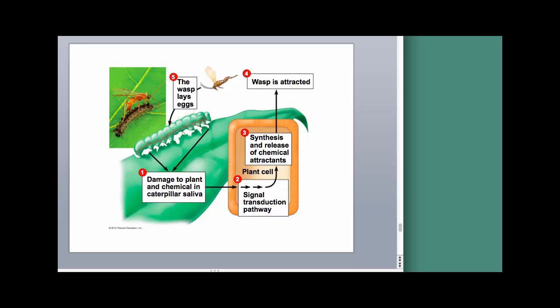The plant is not unaware of the fact that it's being eaten, okay? But it's producing a chemical pathway that releases a chemical through its stomata that attracts, in this case, a wasp. And you see here this wasp sitting on the back of the caterpillar. Turns out that caterpillar is going to play host to hatching that wasp's eggs.